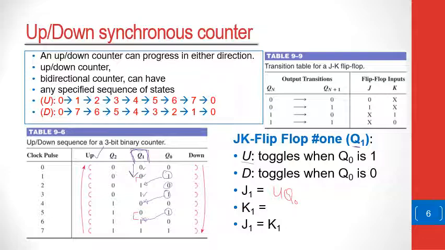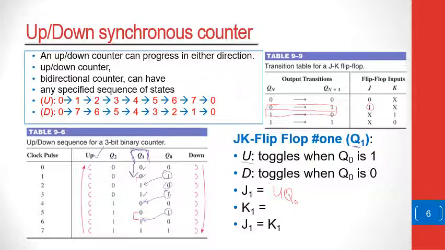This means, therefore, we can say that for the transition of 0 to 1 to happen, J1 has to be 1. So we can say J1 has an element of U times Q0.